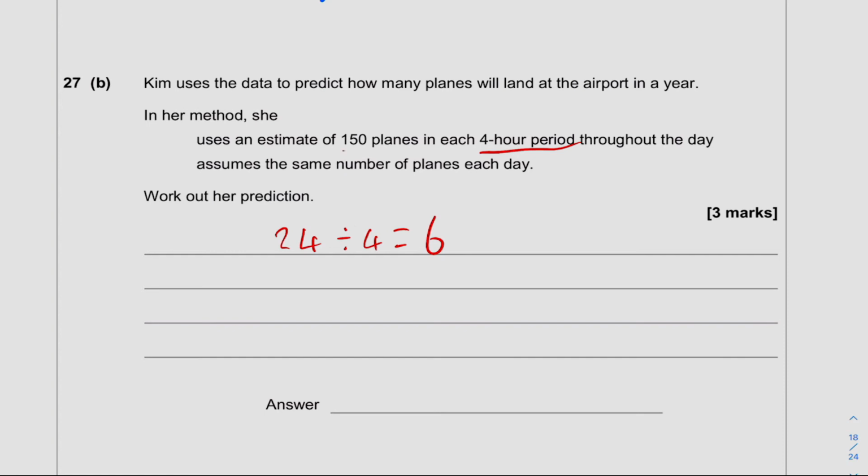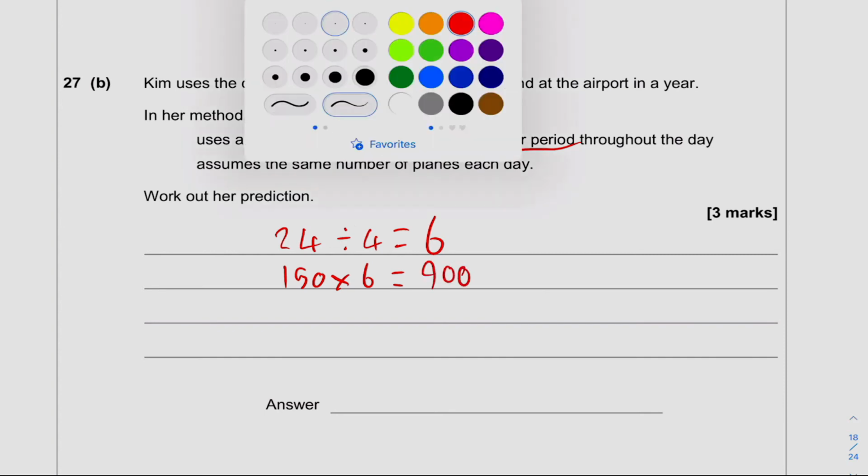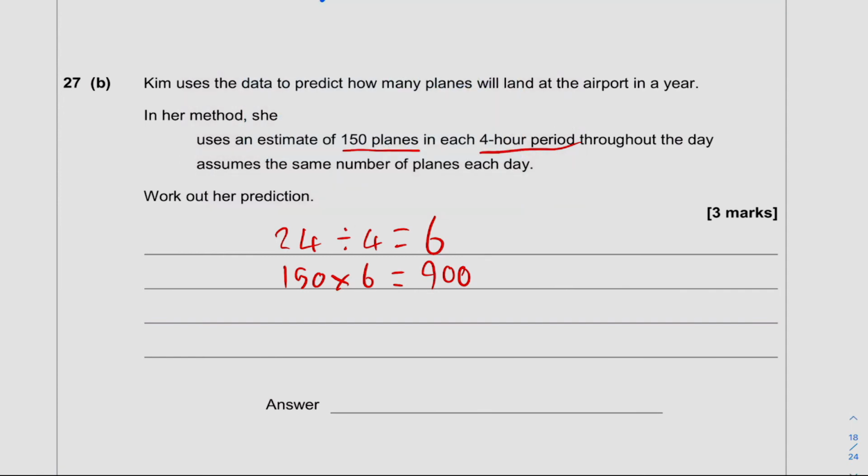And in each of these periods, there's 150 planes. So to work out the amount of planes in a day, we do the 150 multiplied by 6, which gives us 900. What we then do is we need to work out how many planes there are in a year. So we've got the amount per day. So to get the amount in a year, we multiply by 365.